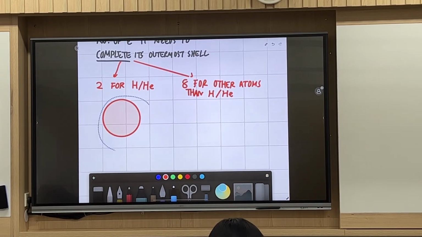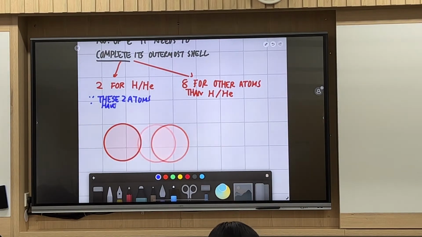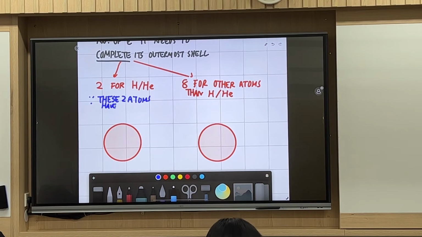You can write down why only 2 for helium: these two atoms have only one shell, and the maximum limit for one shell is 2 electrons. And why do all the other atoms need 8 electrons in the outermost shell?